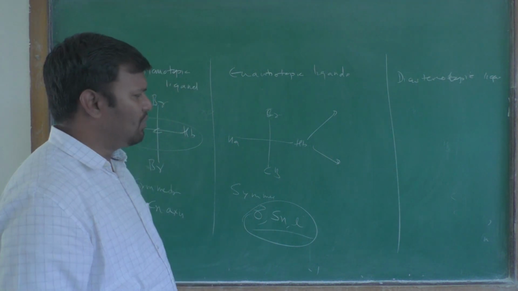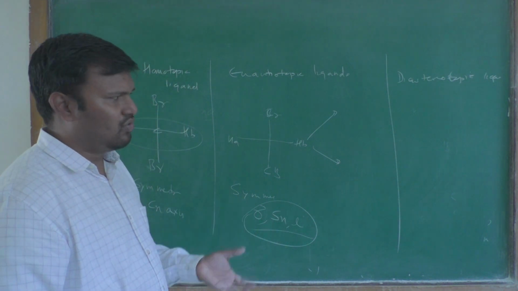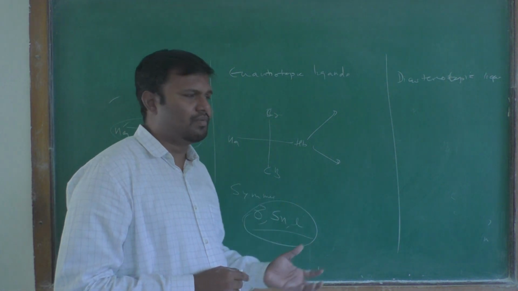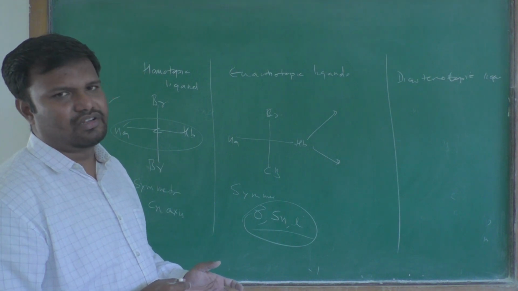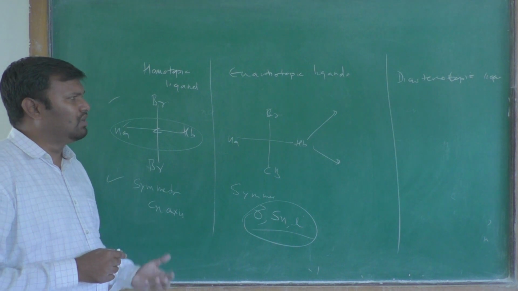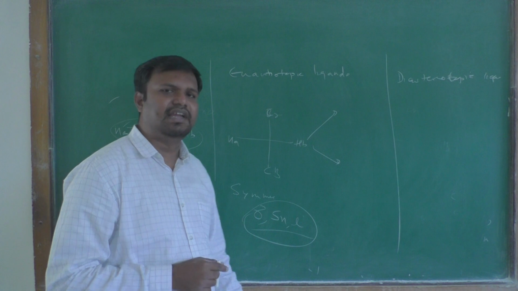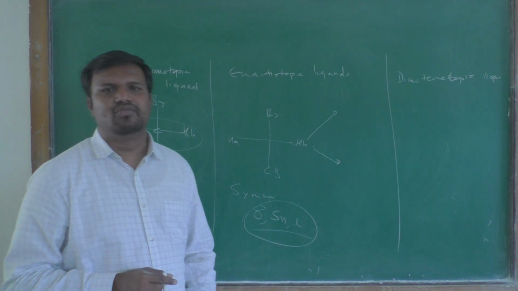And for diastereotopic protons or ligands, there should definitely be a stereogenic center. Like that way we can explain enantiotopic ligands, homotopic ligands, diastereotopic ligands and their faces. I hope you will get all these ideas. Thank you very much.